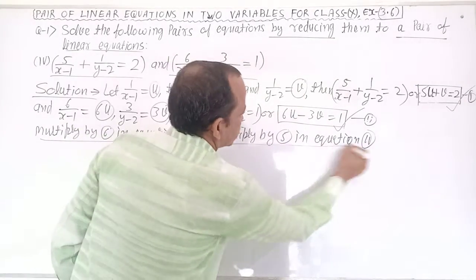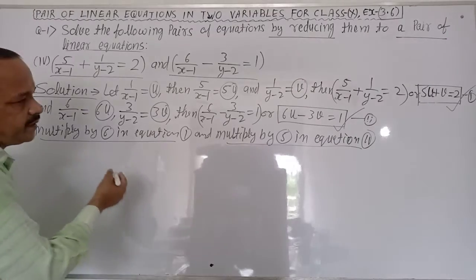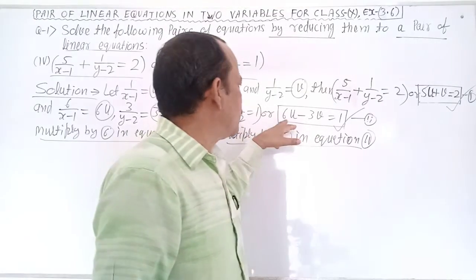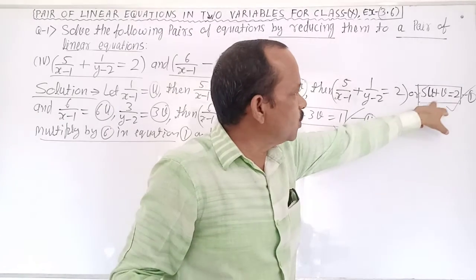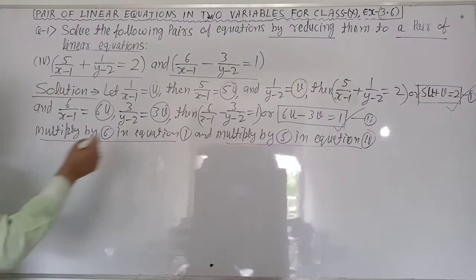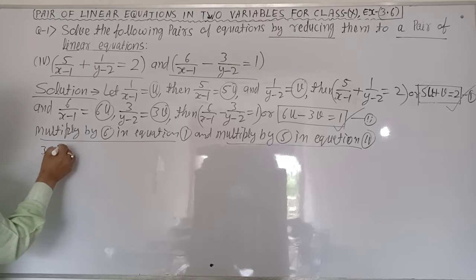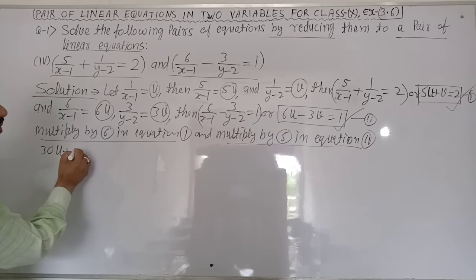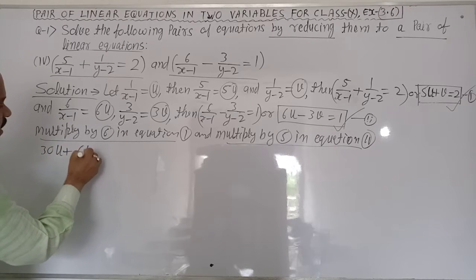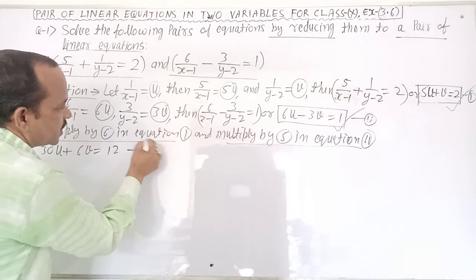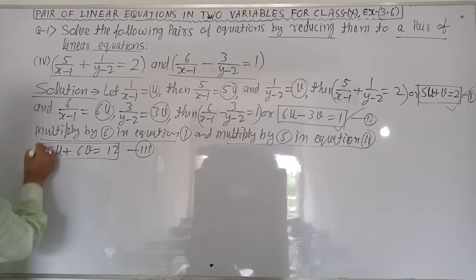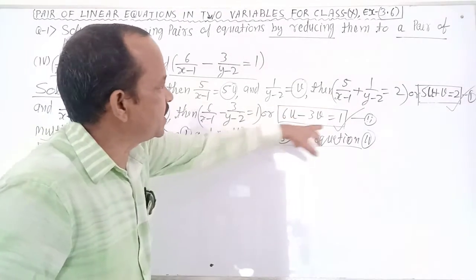Is it clear? Here you find equation third and fourth. Multiply by 6 in equation first, 5u plus v equal to 2. 5 6 are 30, 30u plus 6v equal to 12. It is equation third.